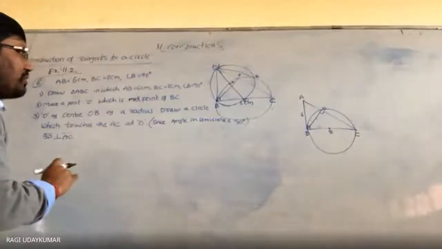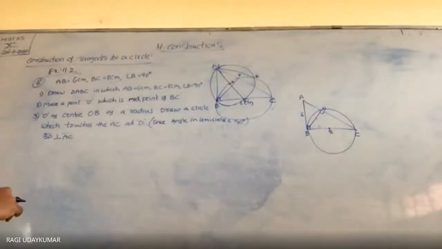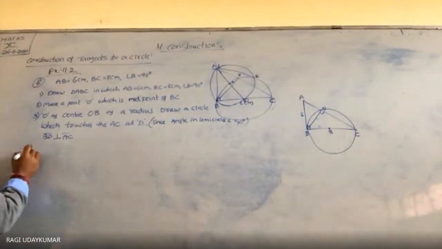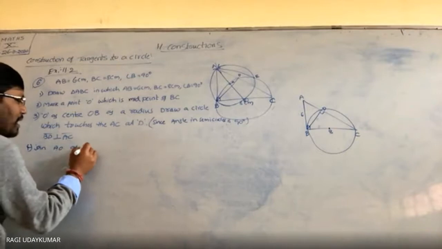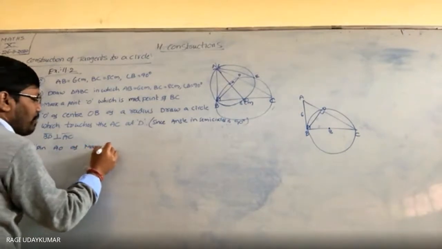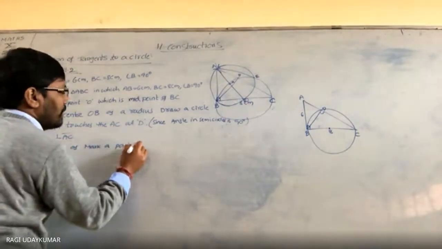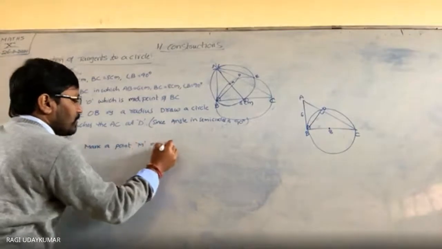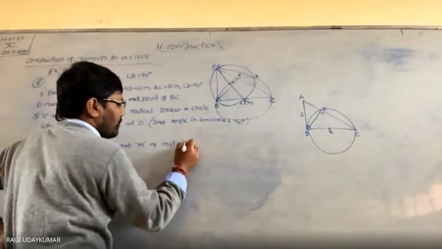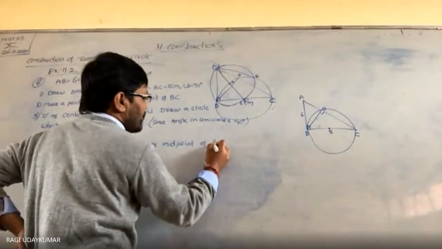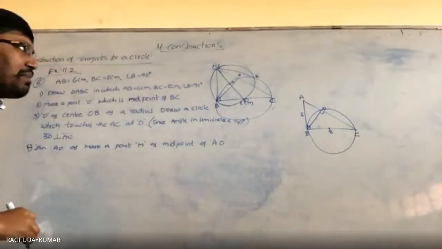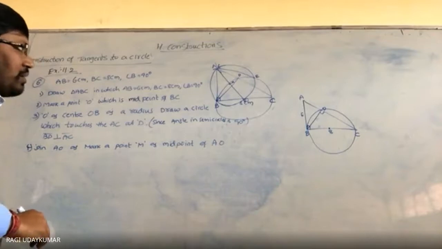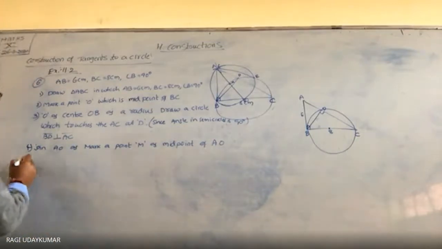So next afterwards what you need to do, after this is complete, join AO and mark a point M as midpoint of AO. M as a center, MO as a radius, same.